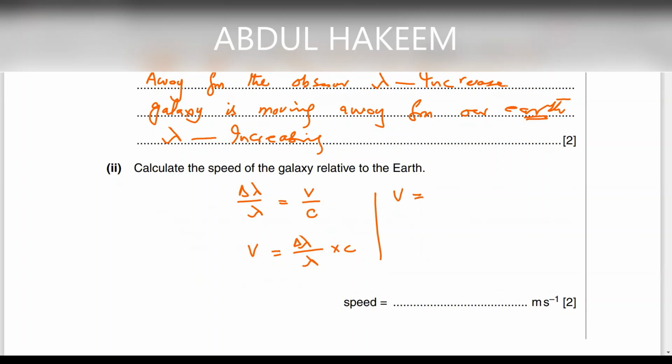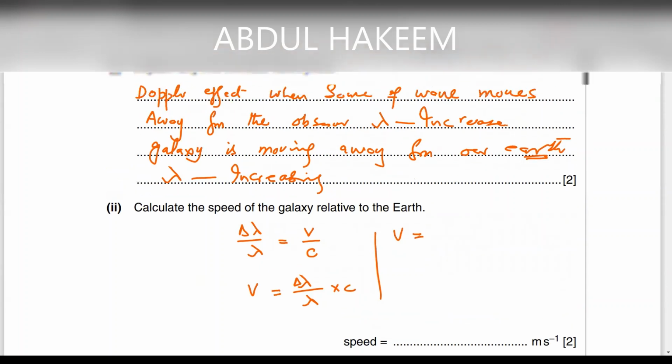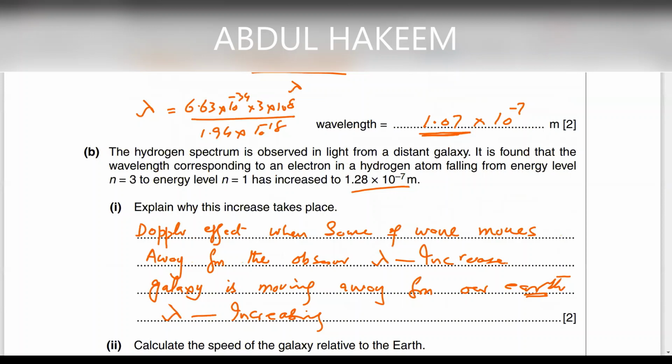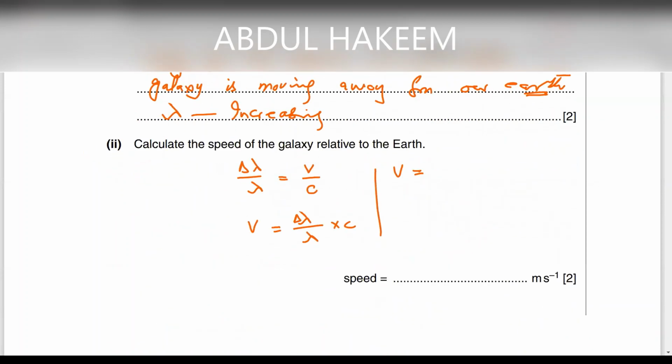Then v is equal to the change of lambda from 1.07 to 1.28, so 1.28 minus 1.07 whole times 10 power minus 7, divided by the actual wavelength 1.07 into 10 power minus 7, multiplied by the speed of light 3 into 10 power 8.